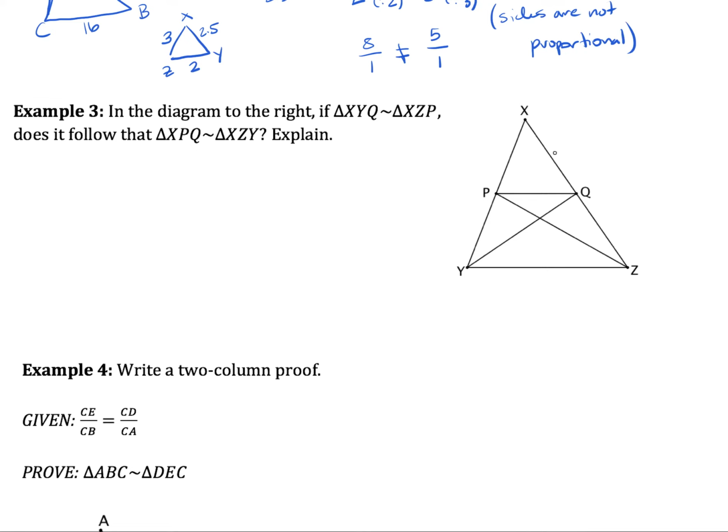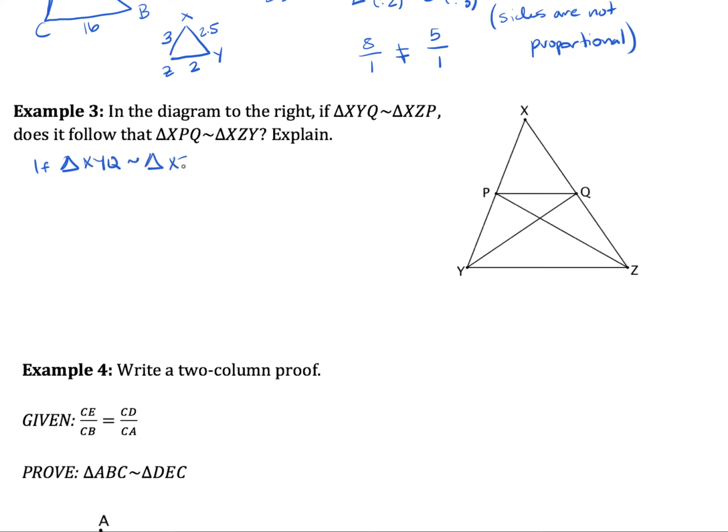They're overlapping triangles here. We know that those are similar. And the question is, does that give us enough to go on to say that these 2 triangles would have to be similar?